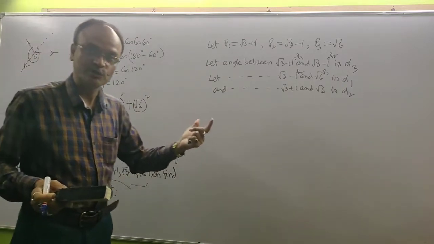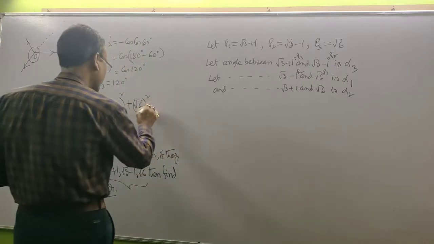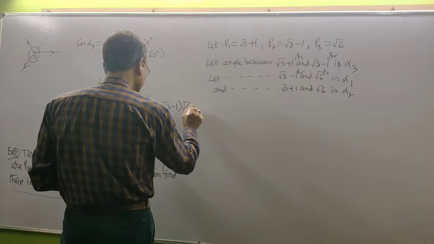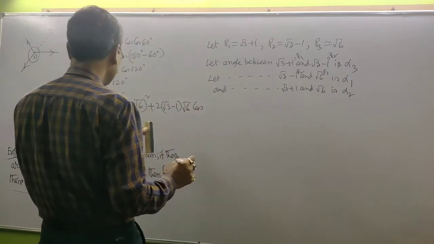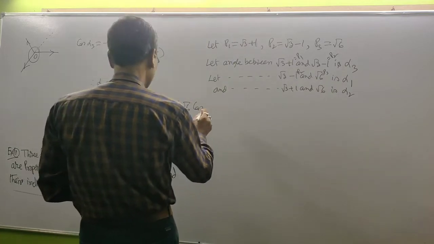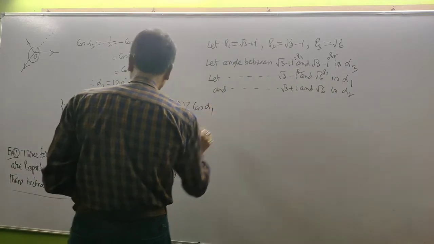Since r square is equal to p square plus q square plus twice pq cos alpha, 2 times (root 3 minus 1) into root 6 into cos alpha 1.